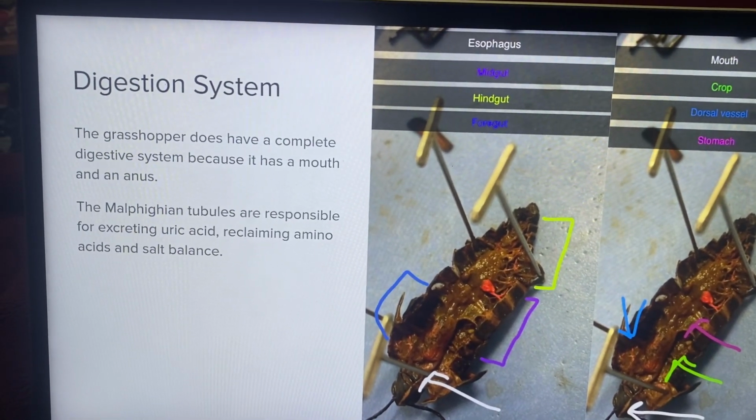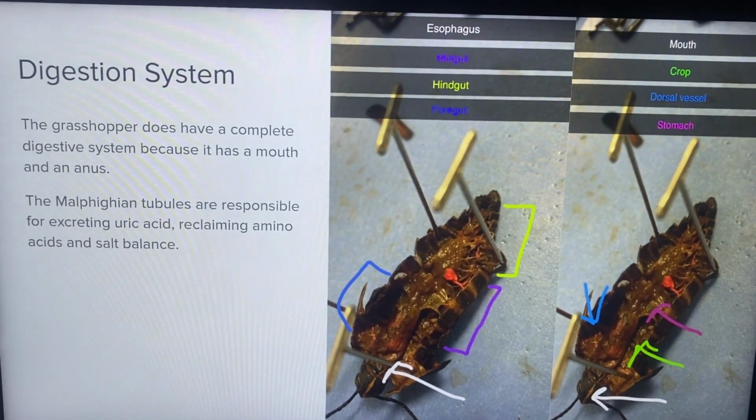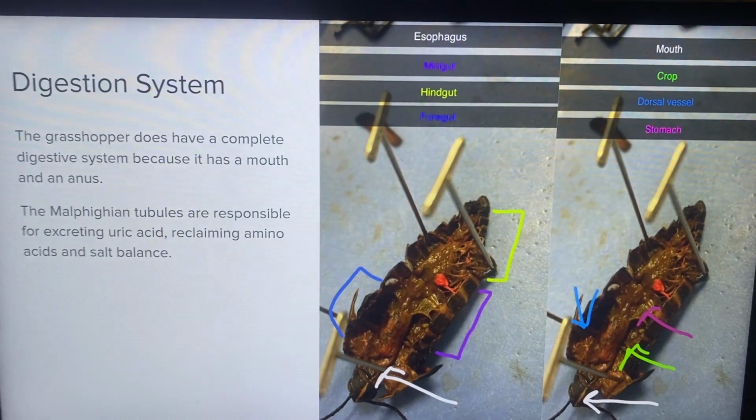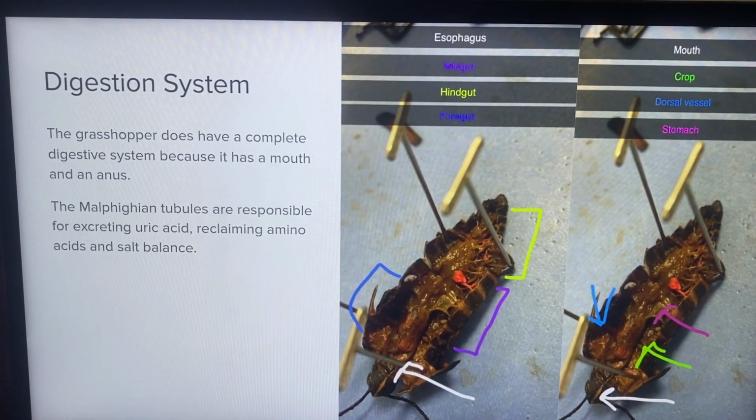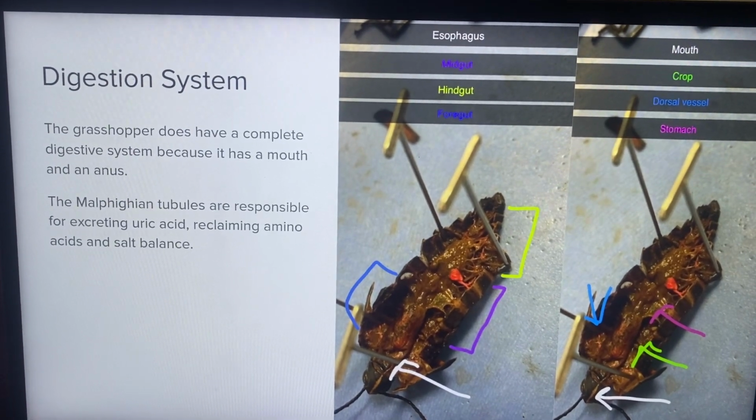And compared to an earthworm, the grasshopper has a more complex digestive system due to the fact that an earthworm just mainly has a mouth, anus, crop, and a stomach.